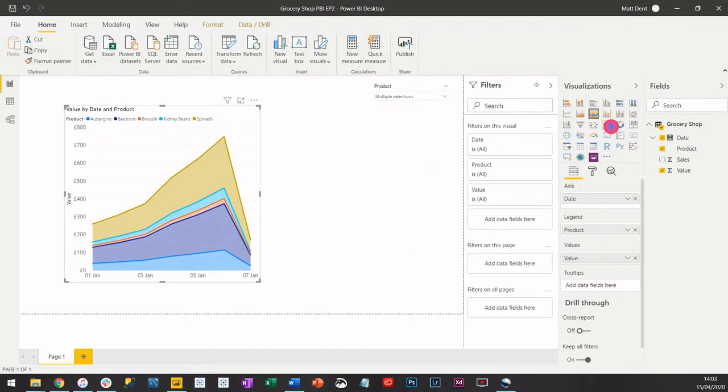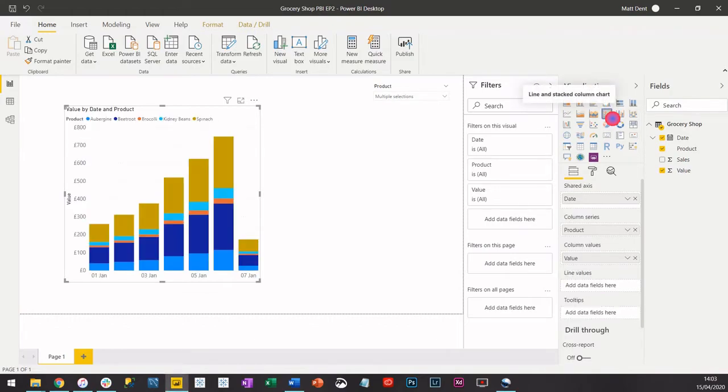Next up on the visualization pane is the line and stacked column chart. These are what traditionally would in Excel be called combo charts. So if we keep our data in that shape and we click on the line and stacked column chart, we can see we get an additional field in here, which is line values.